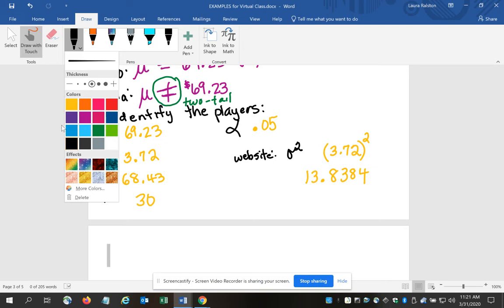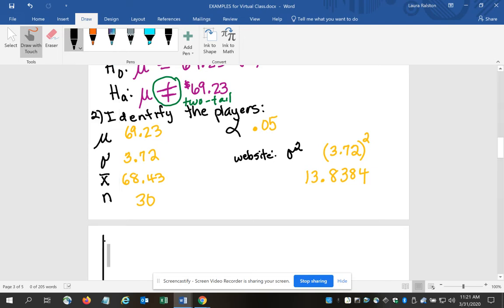Step 3 is to calculate your test statistic. Okay, so we're going to do that.